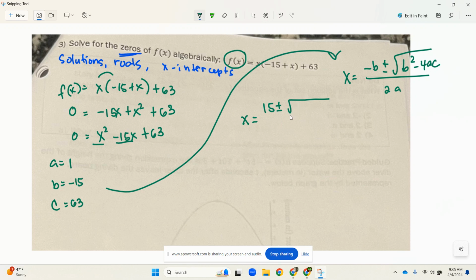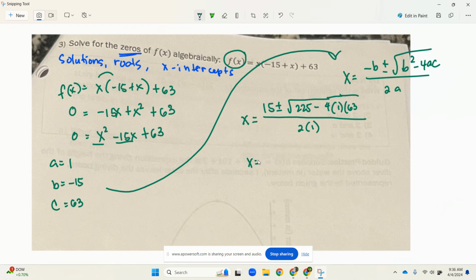So maybe you can put that in your calculator. Now be careful when you do negative 15 squared. Do not do it like this. You should do negative 15 in parentheses squared so that you're also squaring the negative part of the number. So negative 15 squared should be equal to 225, minus 4 times a, which is 1, times c, which is 63, all over 2 times 1.